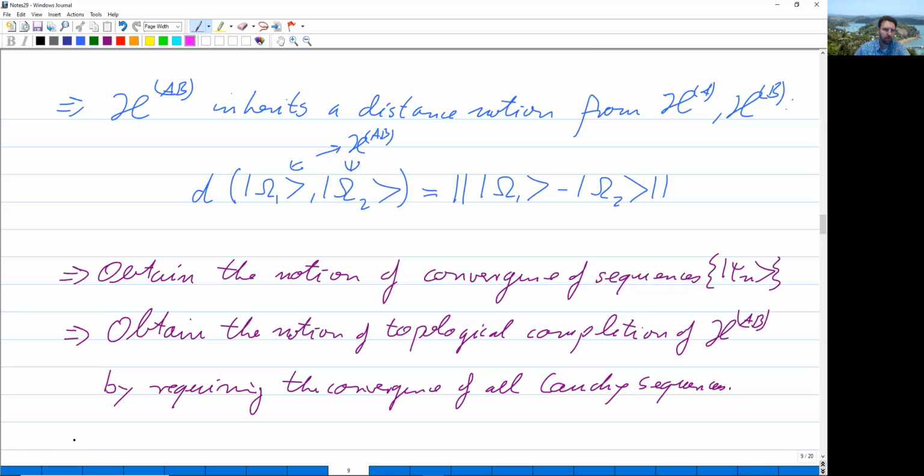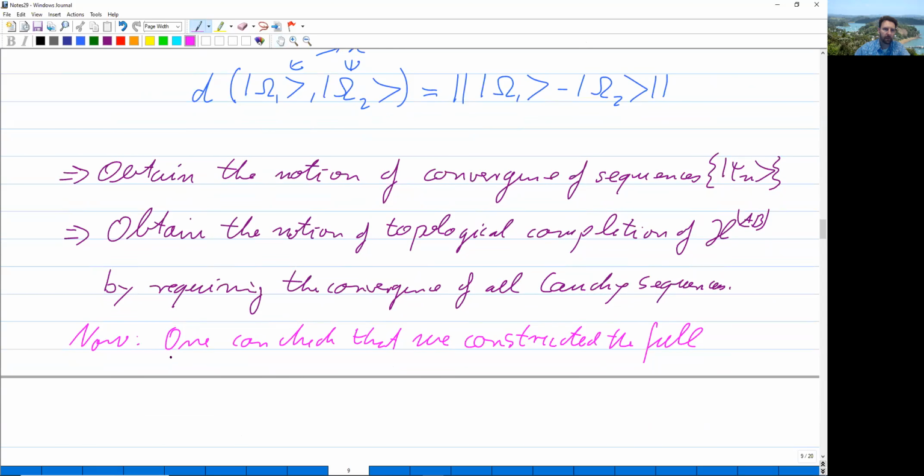So now one can check that we constructed, or obtained, the full Hilbert space HAB of the combined system of A and B. We knew that we had to be able to get a Hilbert space just because everything is quantum mechanical and we can choose our Heisenberg cut whichever way we want.